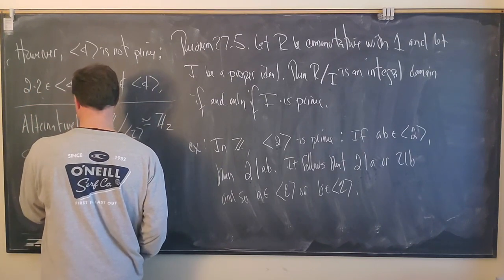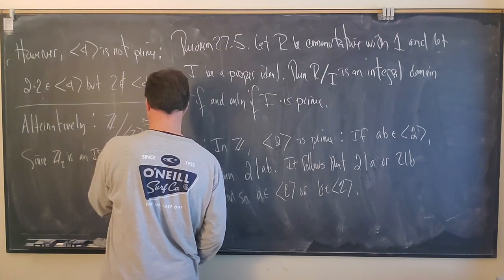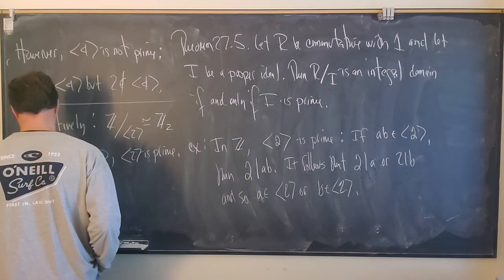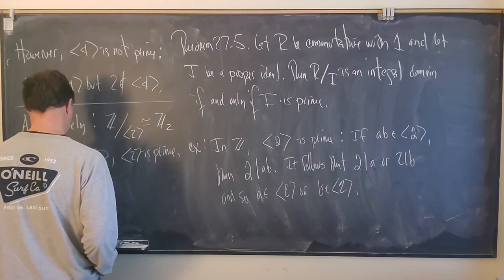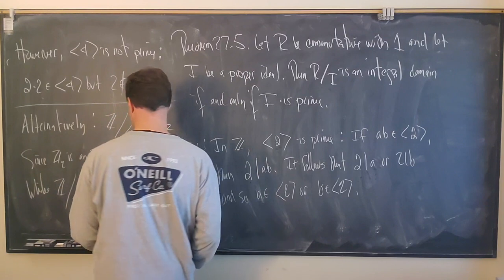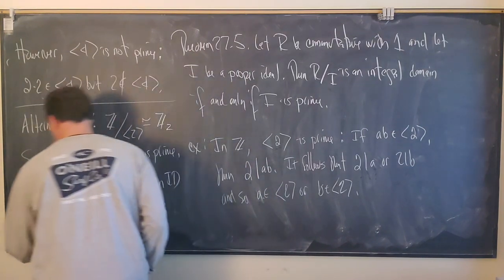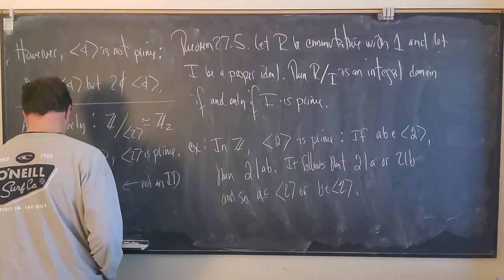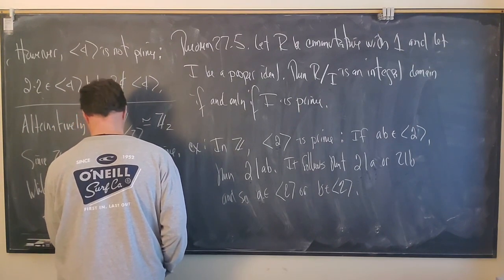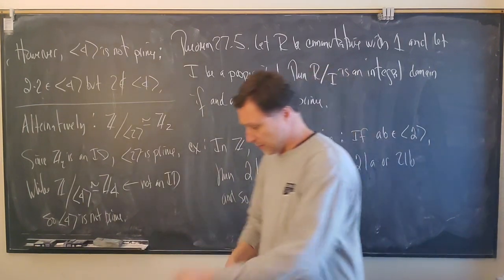So since Z2 is an integral domain, the ideal generated by 2 is prime. While Z mod the ideal generated by 4 is isomorphic to Z4, which is not an integral domain. So the ideal generated by 4 is not prime. Well, so two different ways to go about solving the same question.